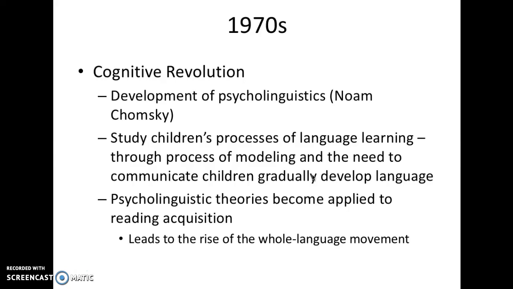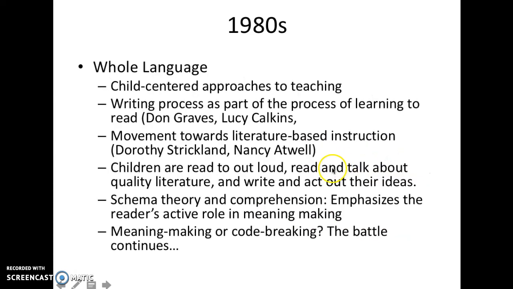And then we have, at this point in time, some psycholinguistic theories, which now leads to the rise of the whole language movement. And I would say read these quotes. Come back to it if you don't have time.